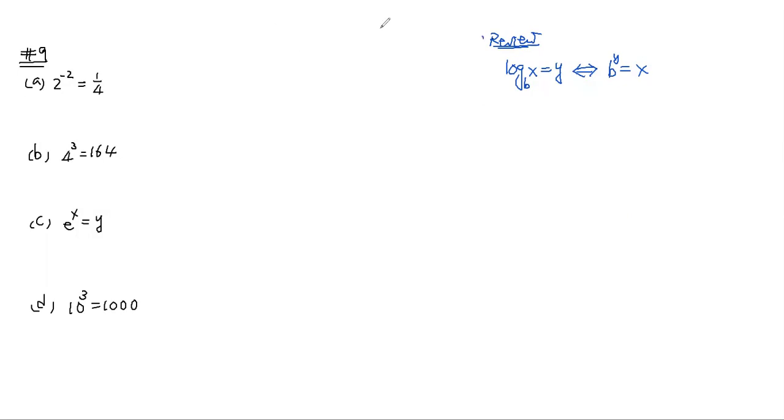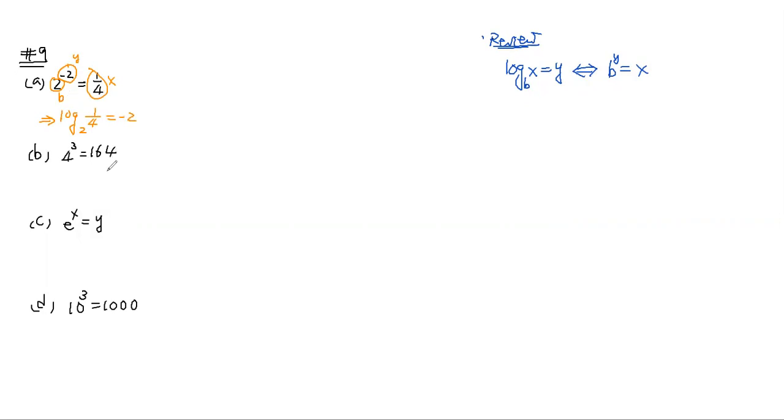For the first problem, this is 2 to the negative 2 equals 1/4. You just reference back to whatever you have: this is my b, this is my y, and this is my x. So for this exponential, I can rewrite it as log base 2 of 1/4 equals negative 2. Pretty simple.